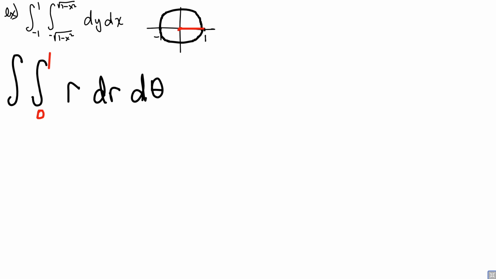Now, theta is basically going to represent how long it is going to take to start from here and make it all the way around the circle. So when I first start off, theta will be 0. To make it all the way around the circle, I'm going to go to 2 pi. Any questions there?